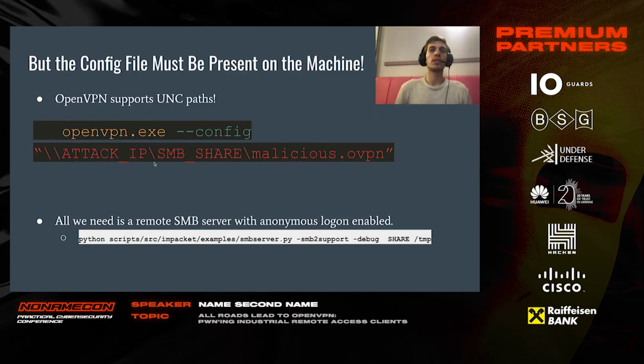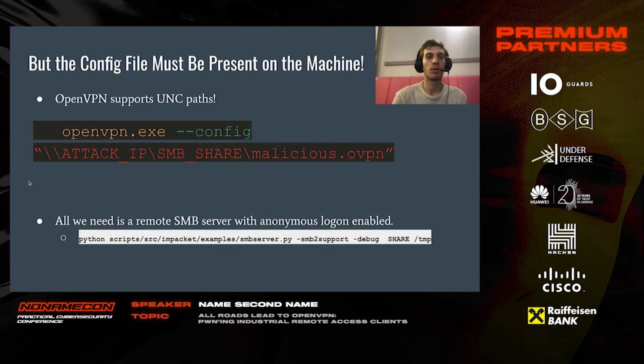If we're using a UNC path, we can place our malicious configuration somewhere on the internet and then open an SMB2 server. So we can use, for example, Impacket with Python to create a new SMB server instance, which, once it receives a request for a specific file, will return this file.